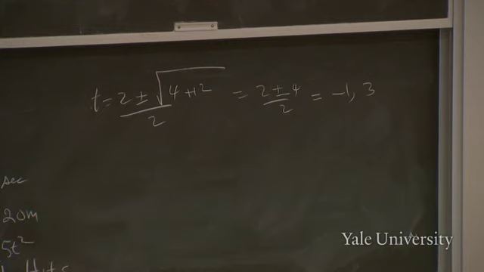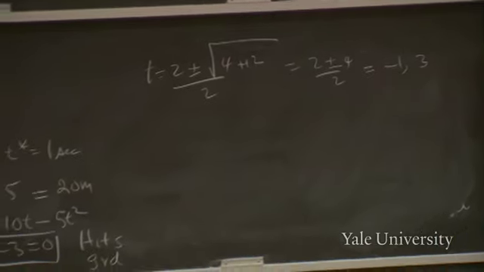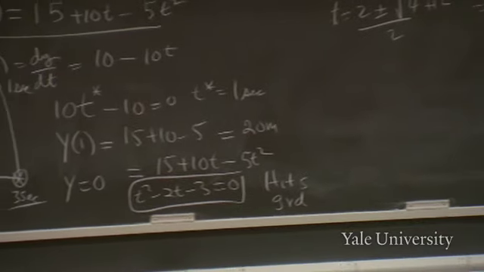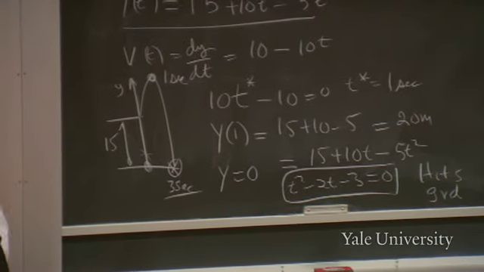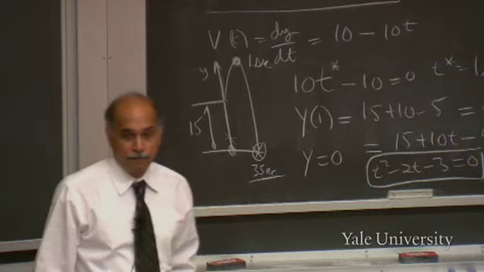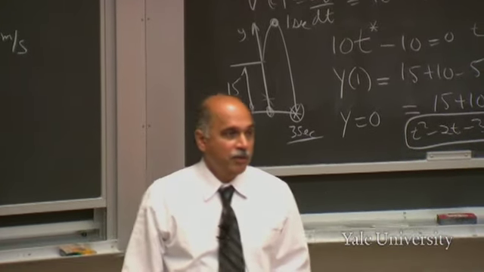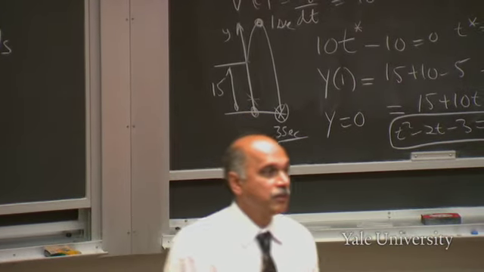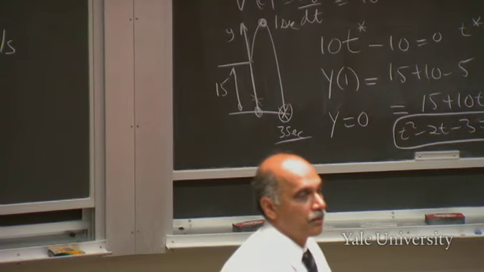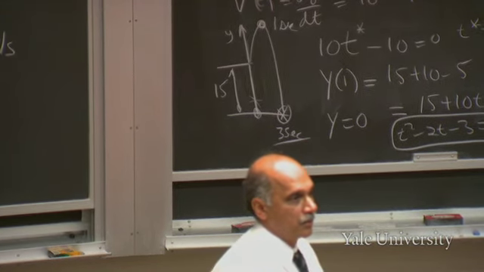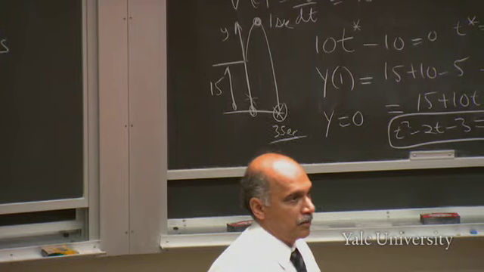Okay, so you get two answers when it hits the ground. So it's clear that we should pick 3. But you can ask, why is it giving me a second solution? Anybody have an idea why it's yes? Because if there was an entire parabola, if it started from y equals 0, it would have been negative 1 second.